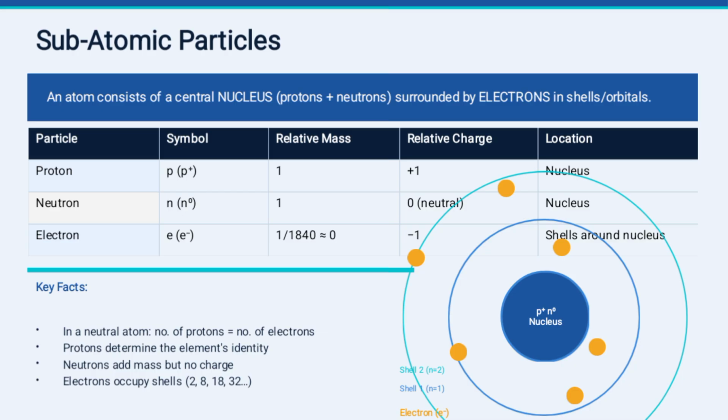And of course electron, with a relative mass of 1 over 1840, which is equivalent to 0, and a charge of -1, and is in the shell which surrounds the nucleus. And this is the diagram that shows all the subatomic particles. You have the nucleus, which is the core of the atom, surrounded by electrons which are in orbits.